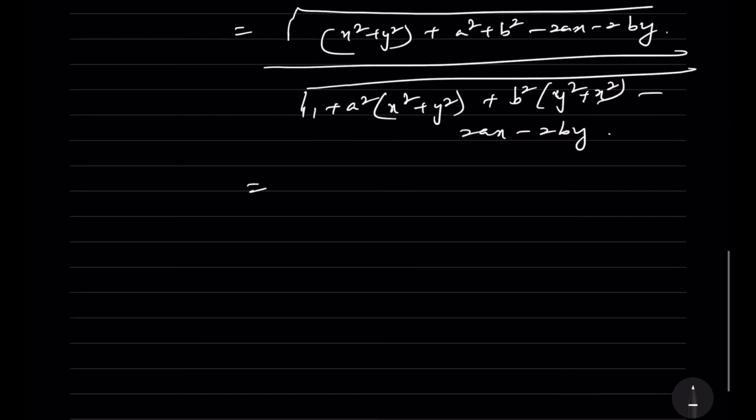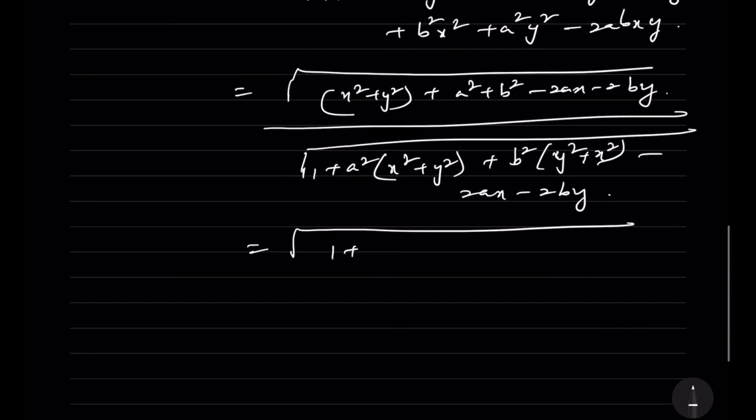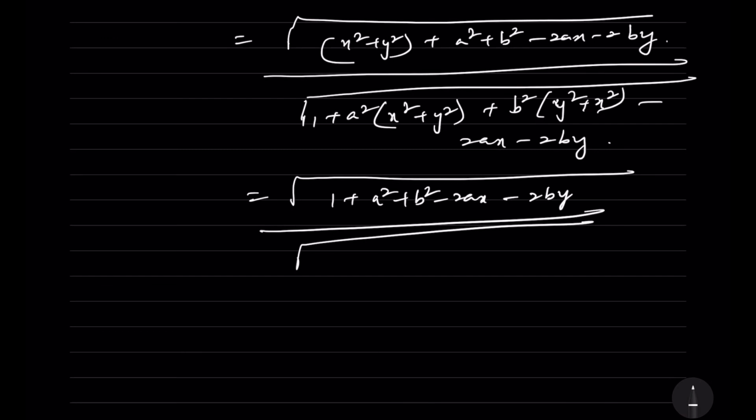So which is equal to under root of, since we have named one equation over here as 1, isn't it? Using 1 we have x square plus y square is equal to 1, so 1 plus a square plus b square minus 2ax minus 2by divided by 1 plus, here also wherever x square plus y square is there, we are putting it as 1.